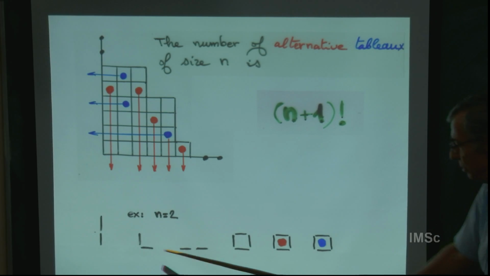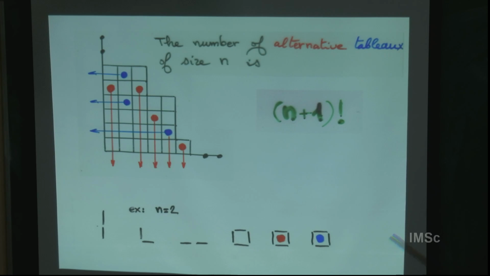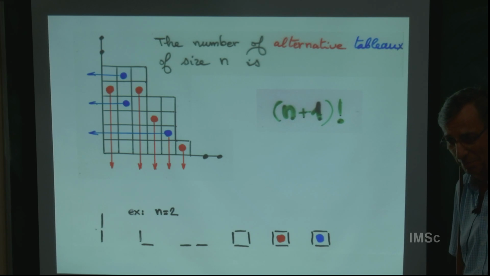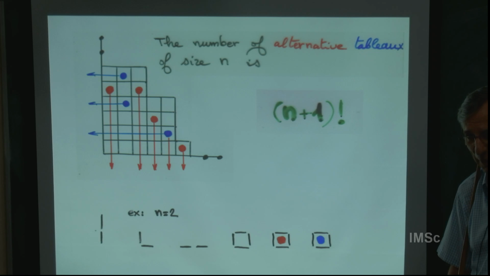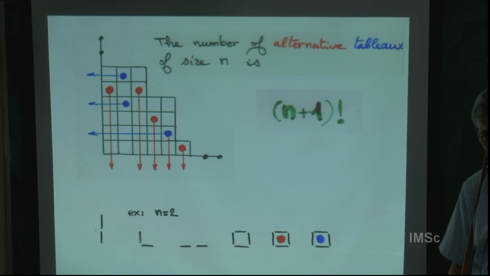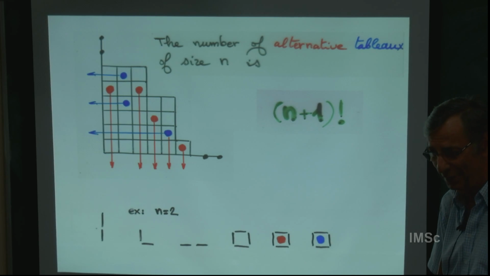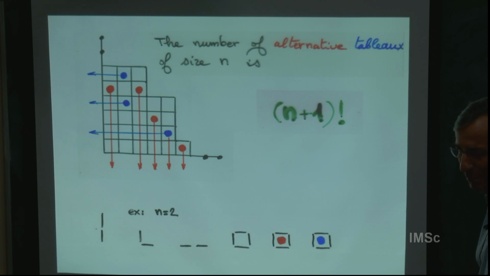For example, for n equals 2, you can check there are 6 alternating tableaux, which is 3 factorial. So it's not obvious. Take n equals 3, you will find 24 alternating tableaux.